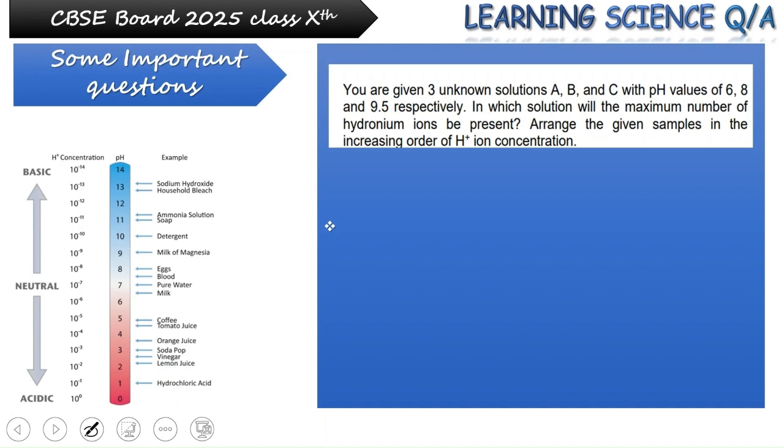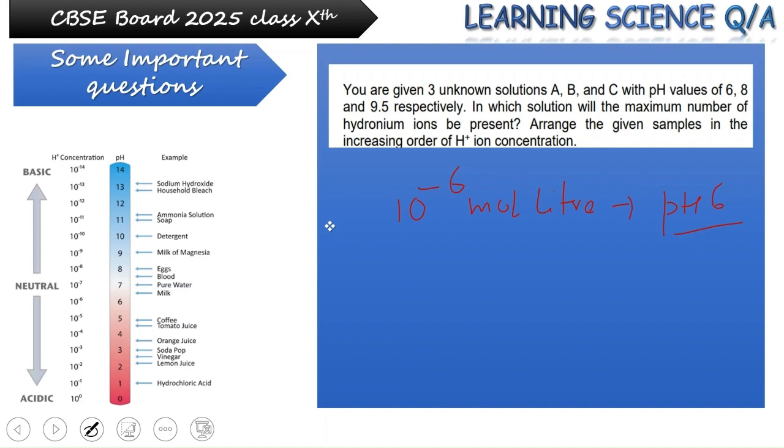Also, if we have the hydrogen ion concentration of any solution given as, suppose, 10 raised to power minus 6 mole per liter, that simply says that this solution will have a pH of 6 on the pH scale.